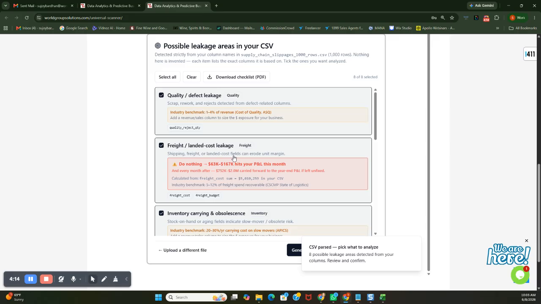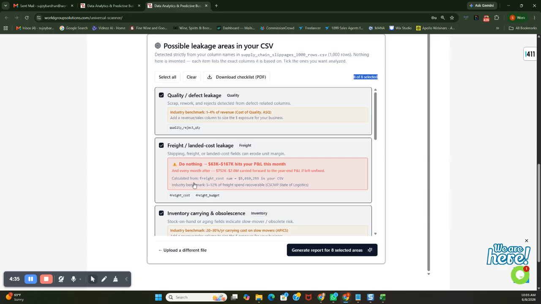As soon as you run that, the AI comes up with certain issues, and there are almost 8 different issues. What are those issues? One is quality-related issues, and another is freight and landing cost issues. This is huge.